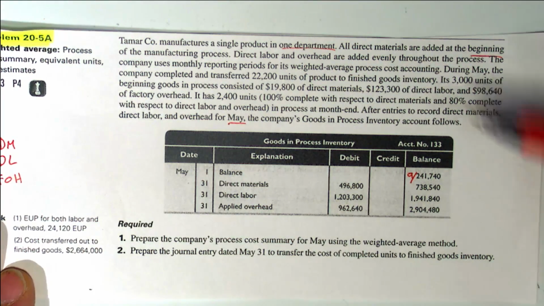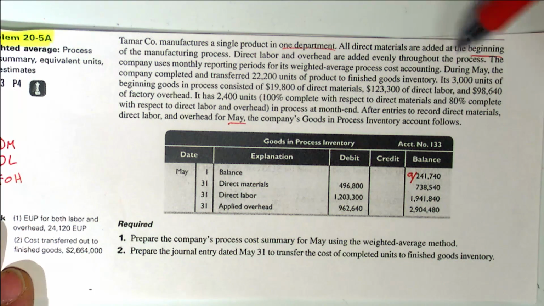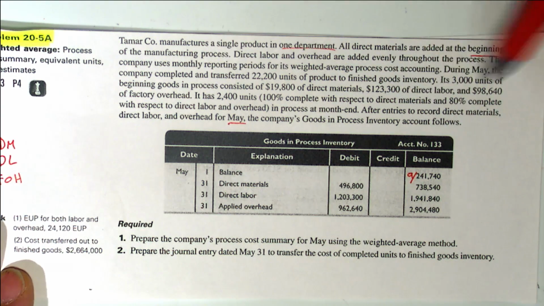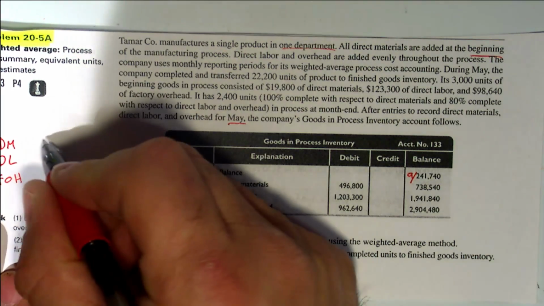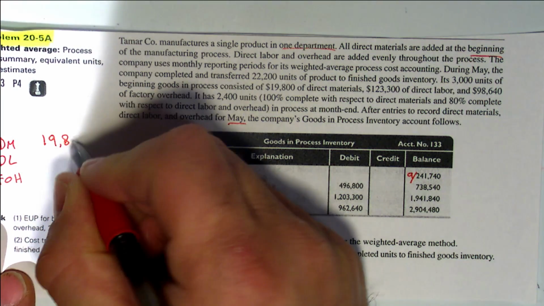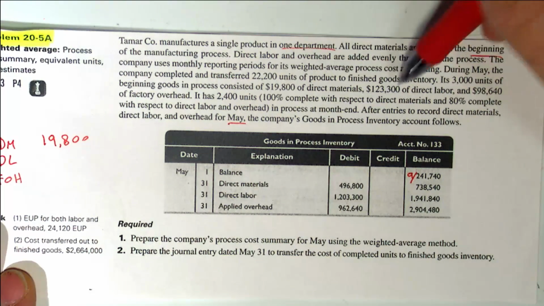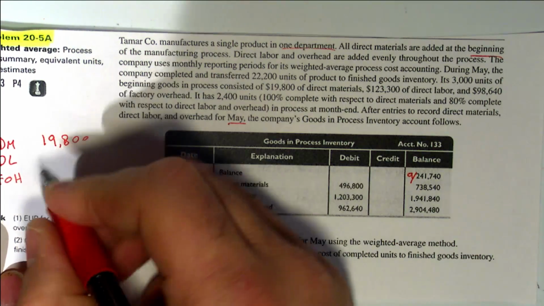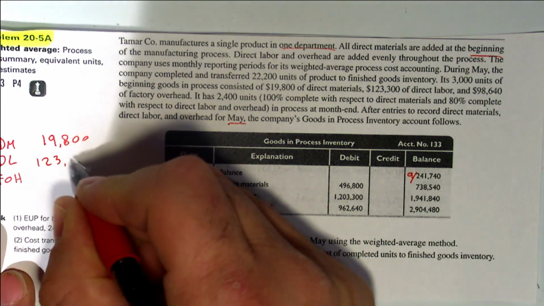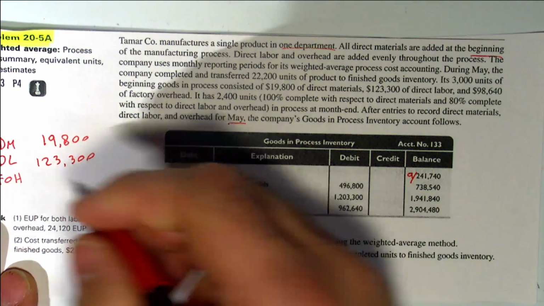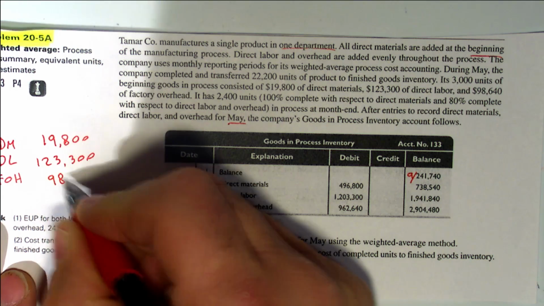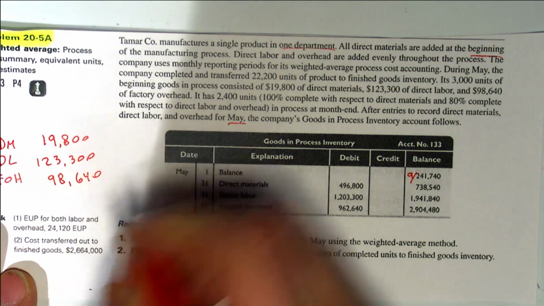Its 3,000 units of beginning goods in process consist of 19,800 of direct materials, 123,300 of direct labor, and 98,640 of factory overhead.